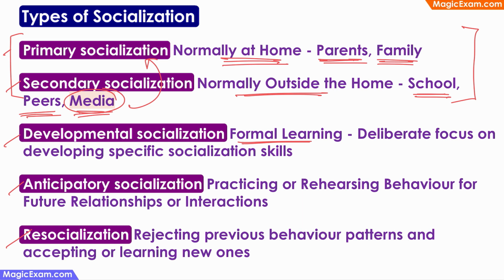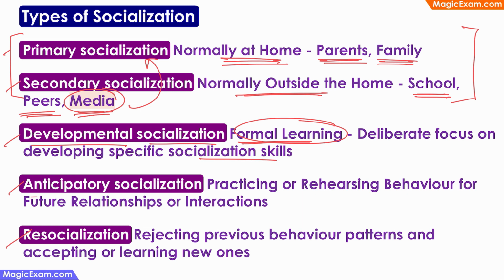For example, if I have to give a public speech, then I might enroll in English speaking classes because I want to be comfortable in speaking English. I might enroll in public speaking classes because I want to be comfortable in talking to a wider audience. Therefore, this is developmental socialization where I'm learning a specific social skill in a formal environment.